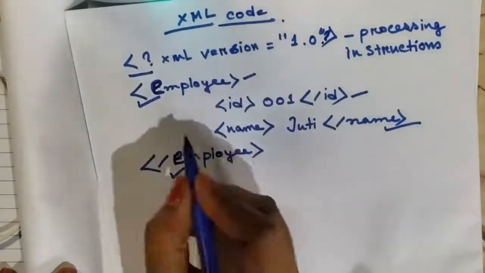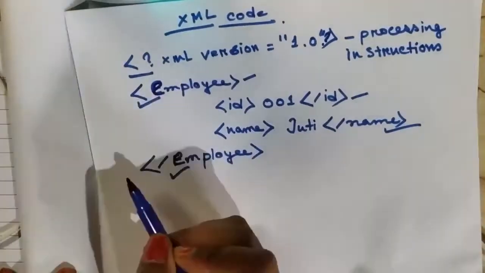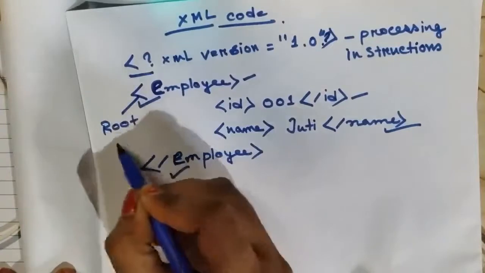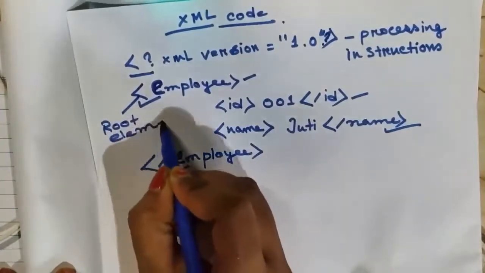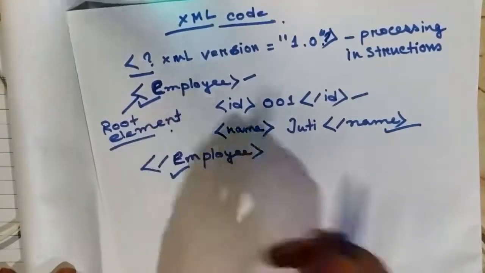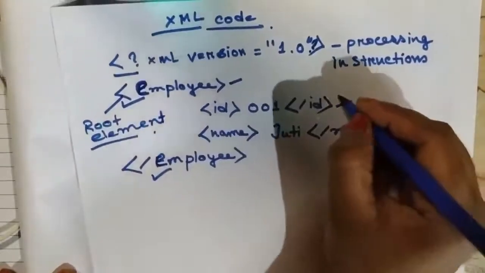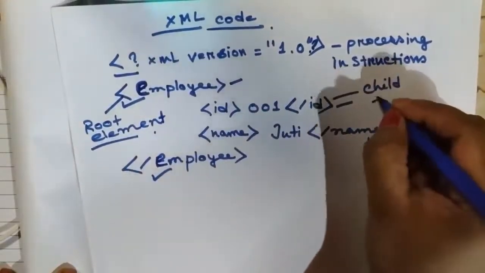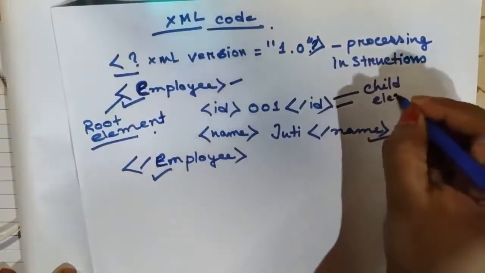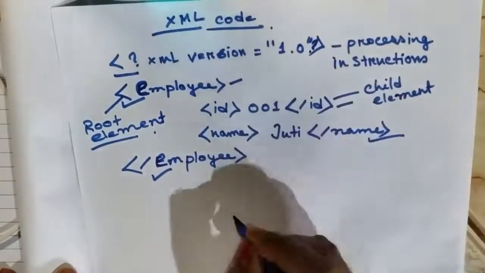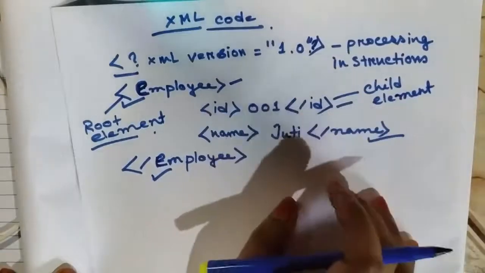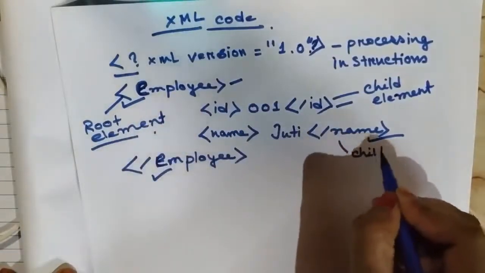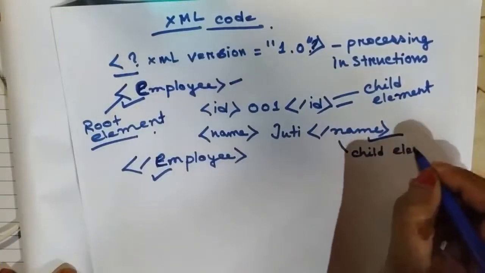Next, this one is the root element. Next, this one is a child element. And name is also a child element.